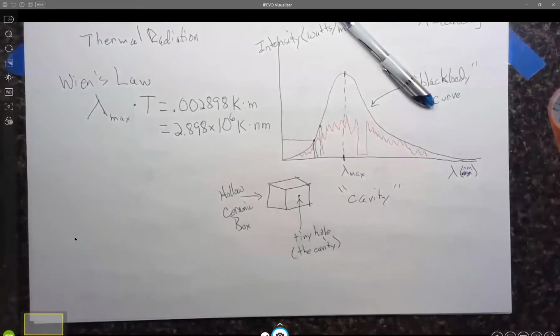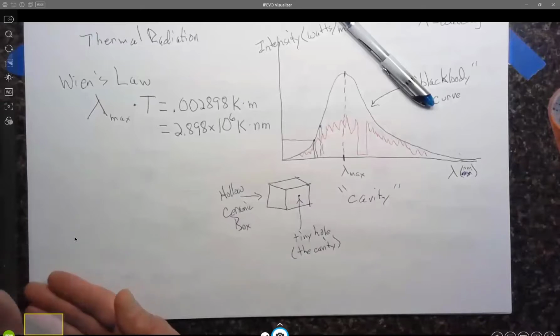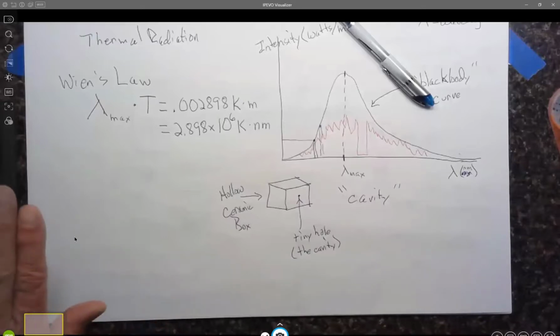If you happen to be a parent and you have children, if you just put your hand near the child's forehead, if they're at the same temperature as you, your hand will radiate as much energy to them as they radiate back to you. But if their temperature is higher than your hand, they will radiate more energy to your hand than you radiate back to them, and your hand can feel that warmth.